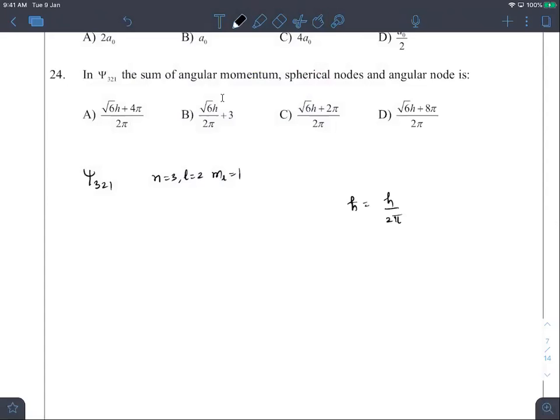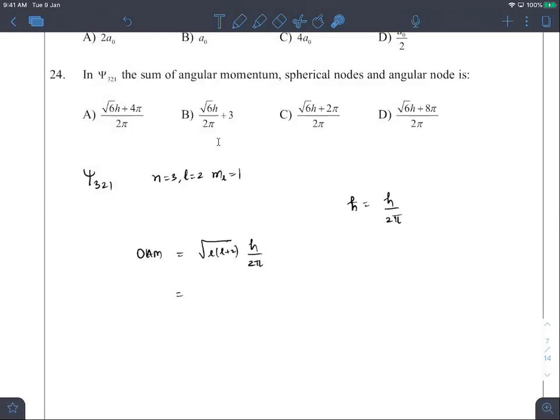So when it comes to orbital angular momentum, that will be under root of L into L plus 1, H by 2 pi, correct? Right, beta? Yes. Okay. So in that case, what will be the L value here?